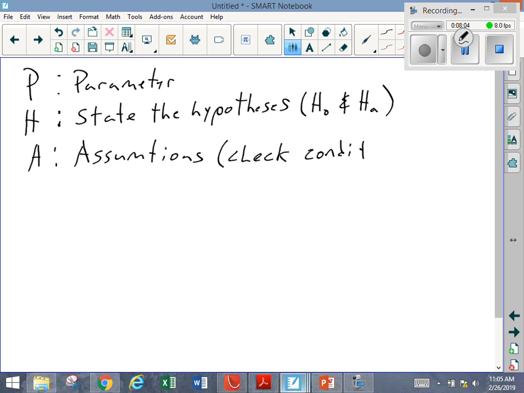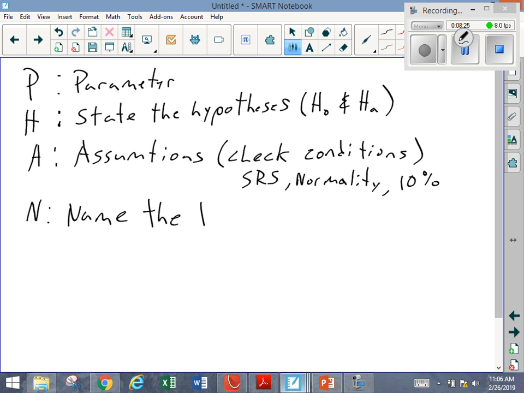Your conditions or assumptions: SRS, normality, and name the test. So in this case, we would name one proportion z-test.